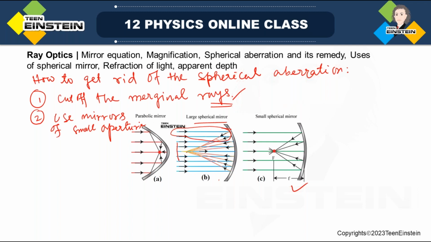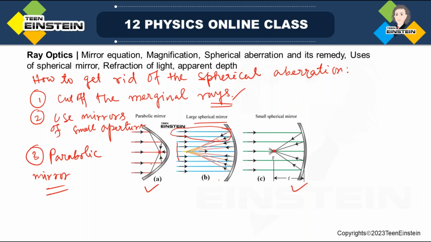Then what else? Instead of using a spherical mirror, we can use a parabolic mirror. Use a parabolic mirror to get rid of the spherical aberration. Look, this is the parabolic mirror. Here, even the marginal rays are being focused at a particular point.